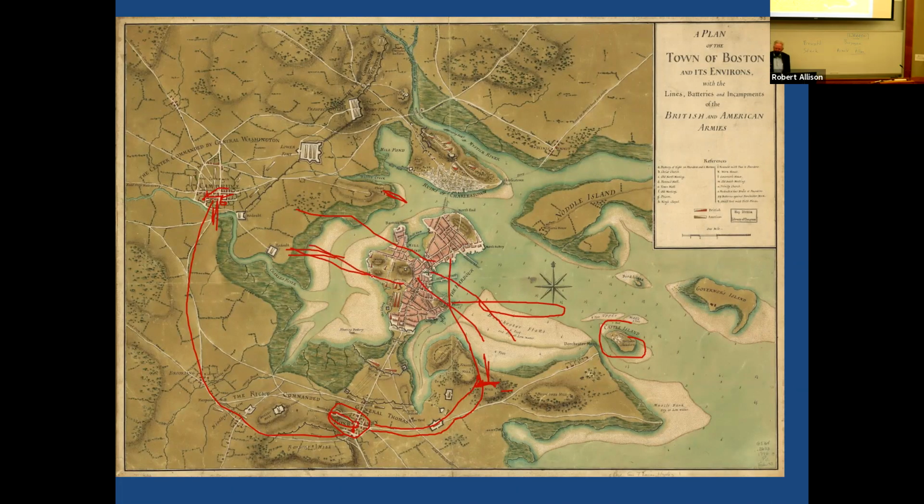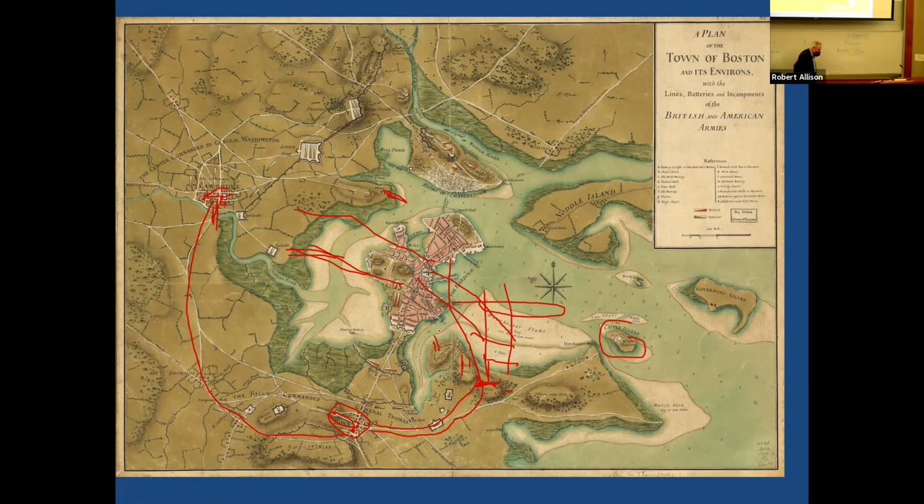But neither of these things happens, because as the British are in their boats going to try to storm the Heights, and by the way, this is a much steeper hill than Bunker Hill, and the fortifications are much closer to the water. So it would have gone very badly for the British. A big storm blows up. Excuse me, the British can't land. Washington can't attack. And this gives the Americans more time to put fortifications here and here.